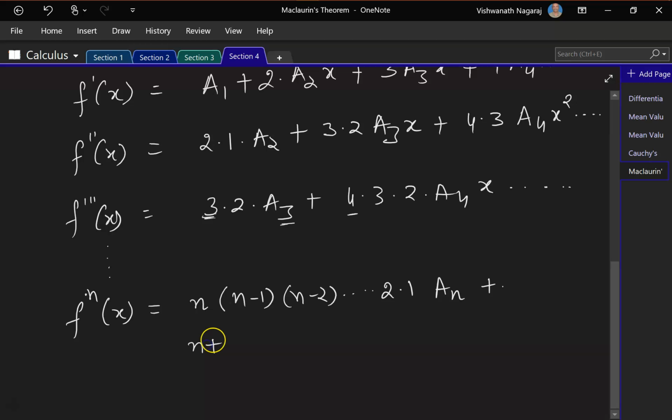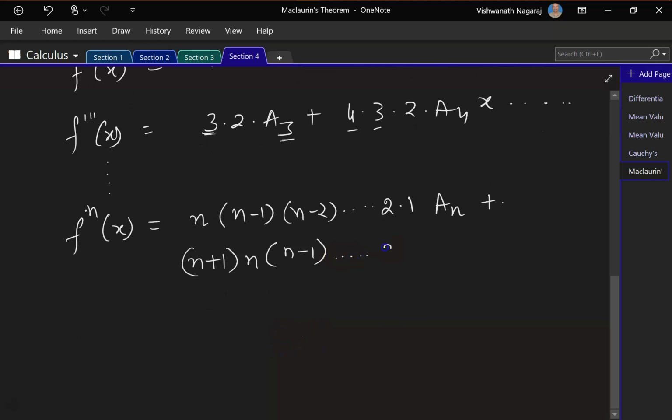So n plus 1 times n minus 1 and so on up to 2 times 1, and this will be n plus 1 times x, plus, next one what will happen?